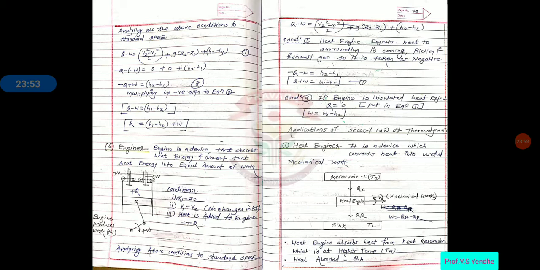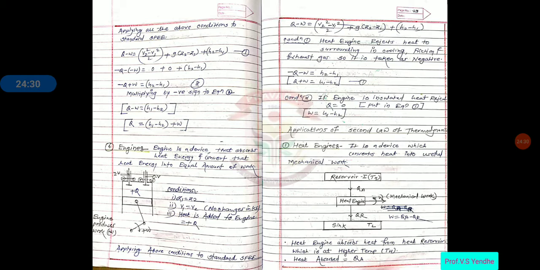Applying all these conditions, which are those conditions? Q is equal to minus Q. Then work is required to be supplied by using a motor or an engine, so that is negative work, minus W is equal to minus W. The first term, V2 square minus V1 square, becomes 0, because no changes in KE.